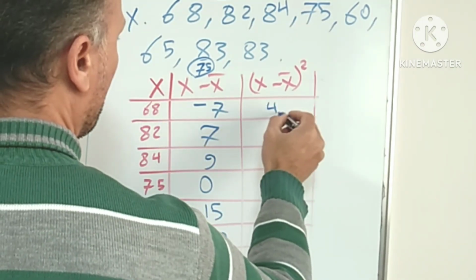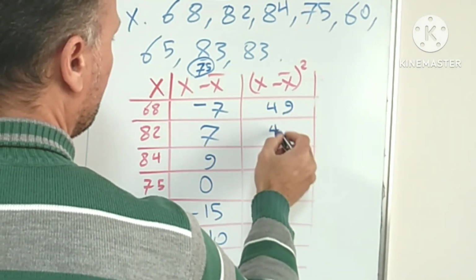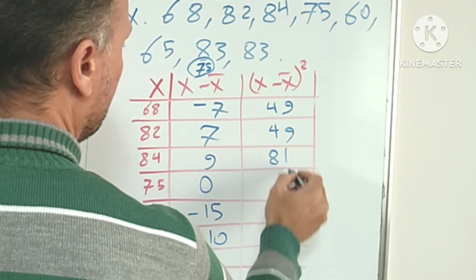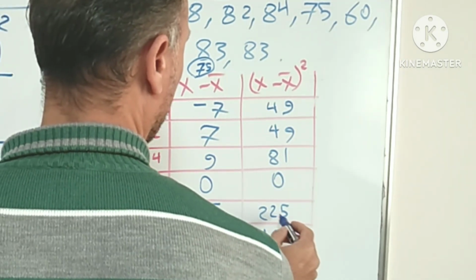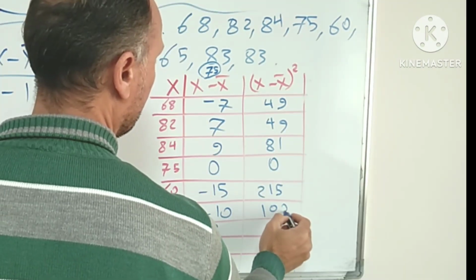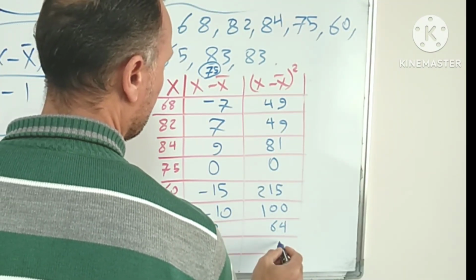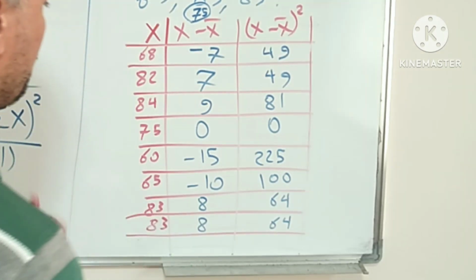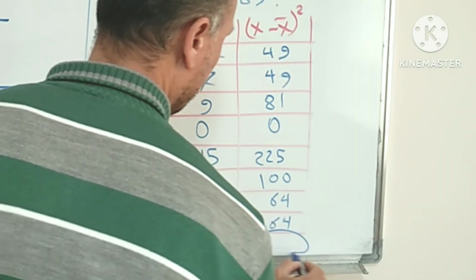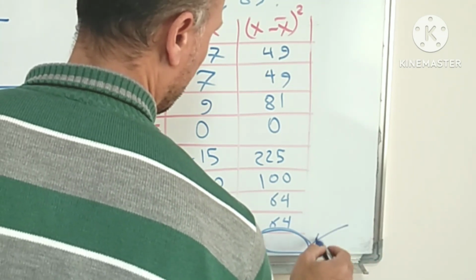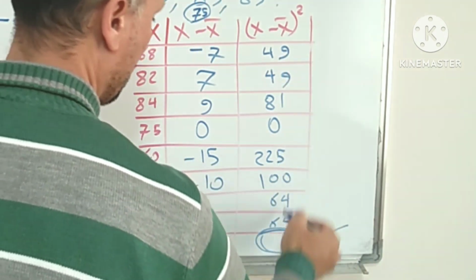Minus 7 squared is equal to 49, 49, 81, 0. Minus 15 squared is equal to 225, 64.